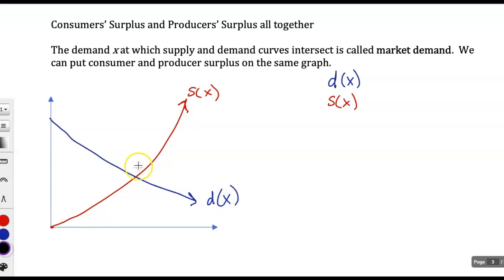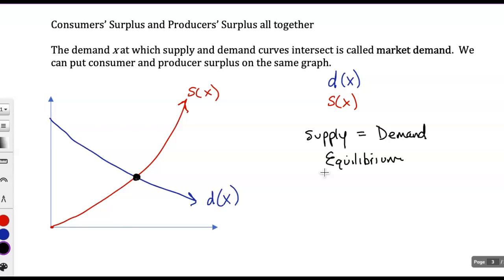Okay. Now, where these intersect, this guy right here, where supply equals demand, that's called equilibrium. And that's where suppliers willing to supply and demand of a product are equal.